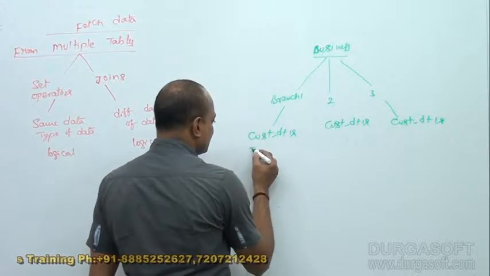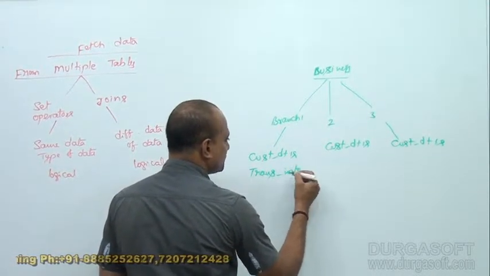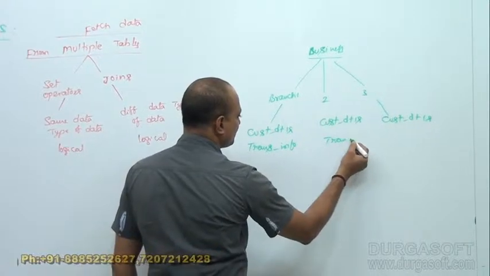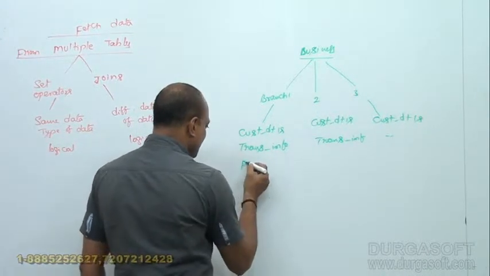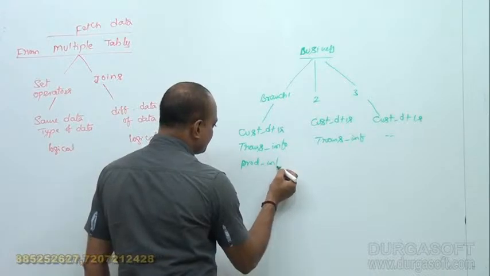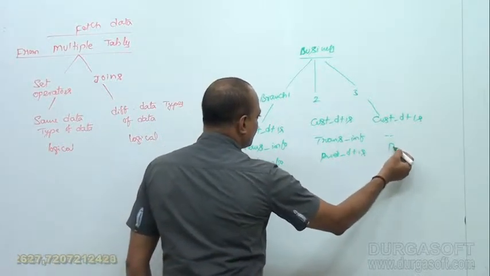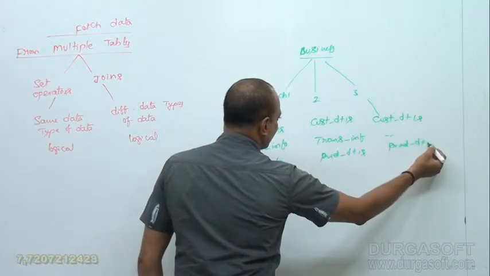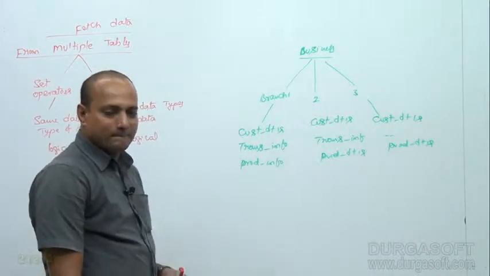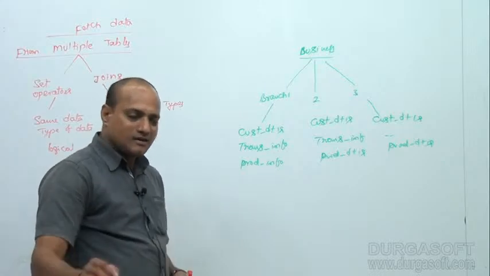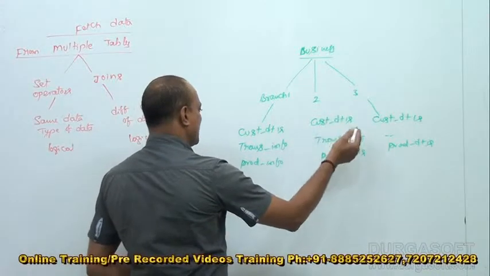Similarly, transactions history, transactions info. Here also the same thing, and here also the same thing. Similarly, product info or product details. In every branch you are maintaining product information. Let us consider any one object from each branch.